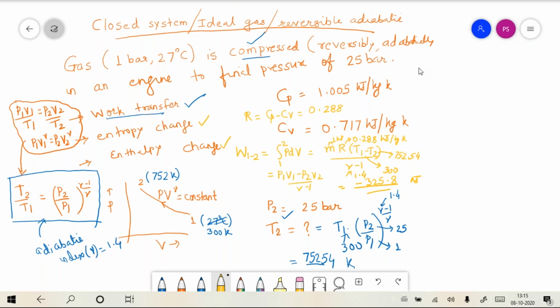How to find the change in enthalpy? From the definition of specific heat, change in enthalpy is mCp delta T. So let me erase this and write down the expression for change in enthalpy.